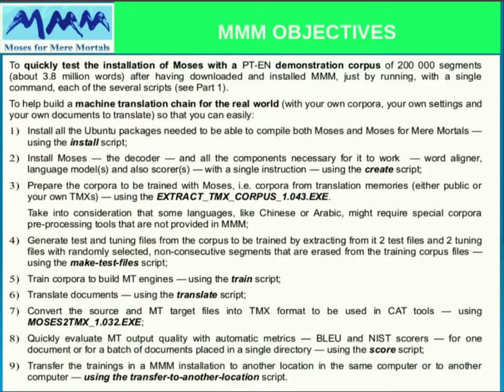Afterwards, after translating the documents, you can convert the Moses output into a TMX file to be used in your CAT tool. Another interesting thing is the demonstration corpus that is included in the package, 200,000 segments from Portuguese into English, and you can just run this demo to check that everything is all right.